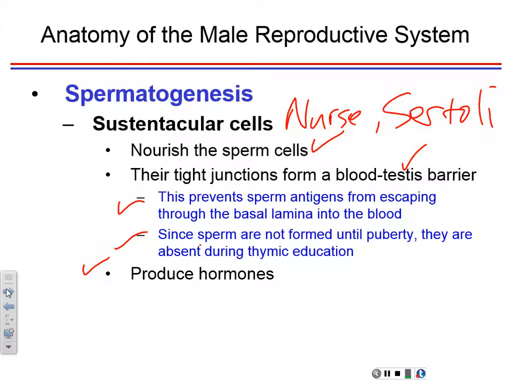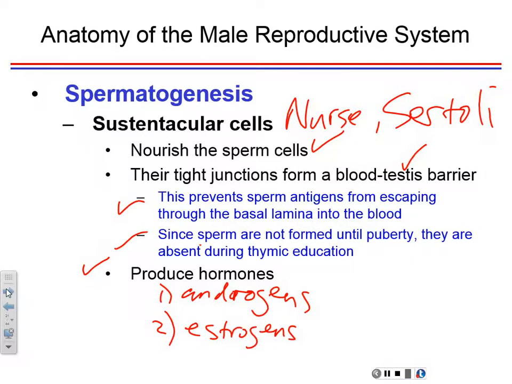So the hormones these cells produce are androgens, and guess what? Estrogens. Just a little bit, okay? And then a hormone called inhibin.